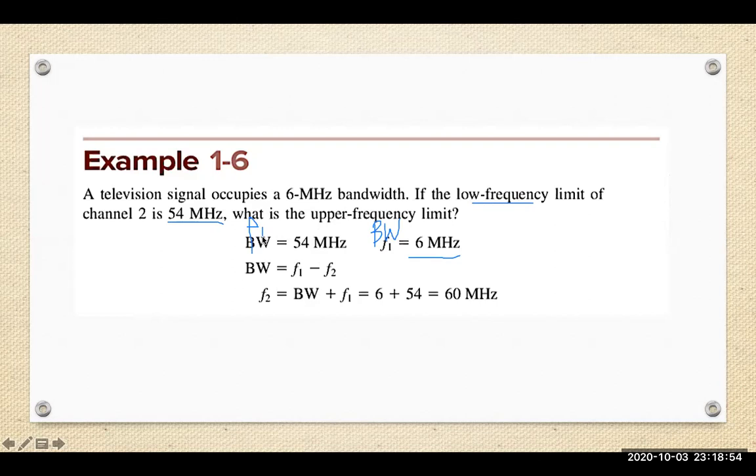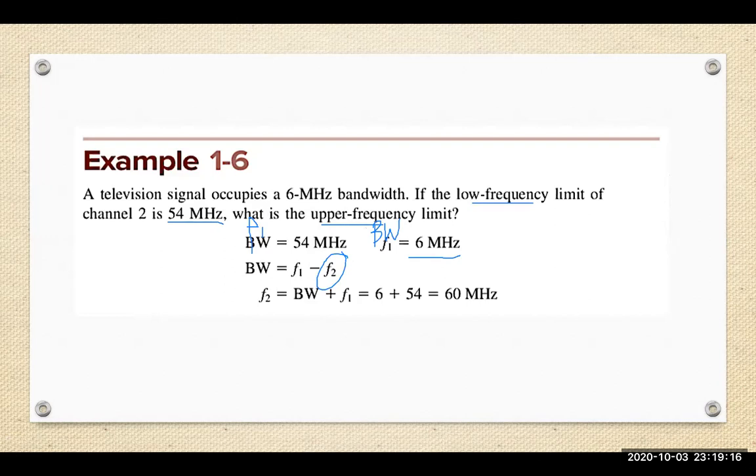Now we are asked to solve for the upper frequency, or f sub 2. I think the formula should be f sub 2 minus f sub 1.